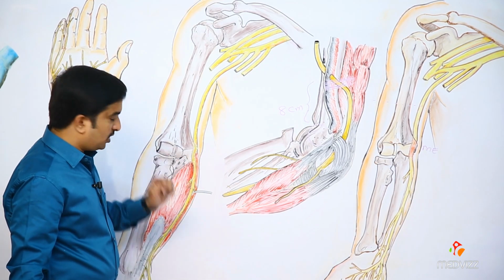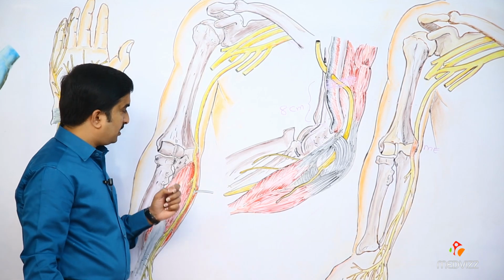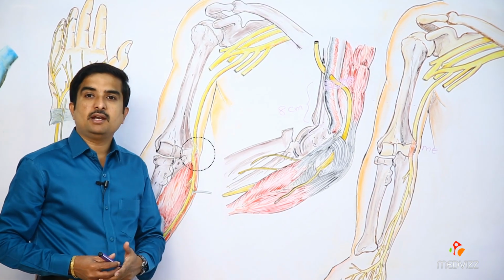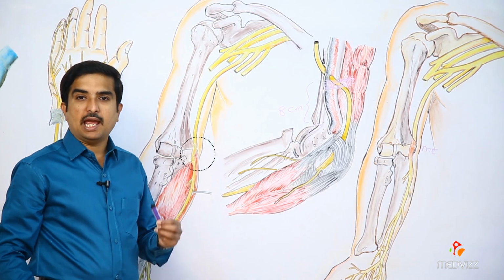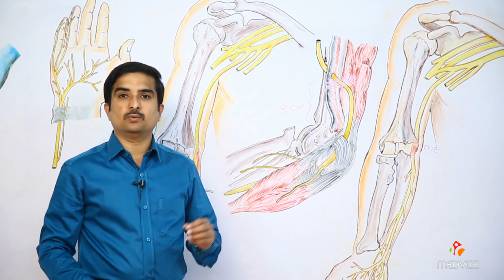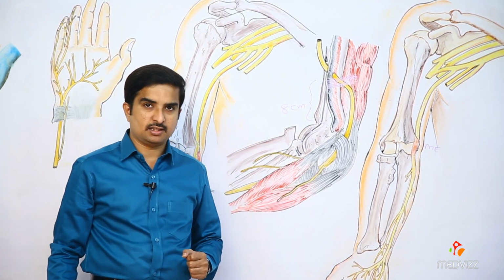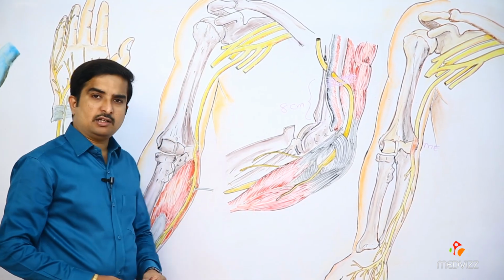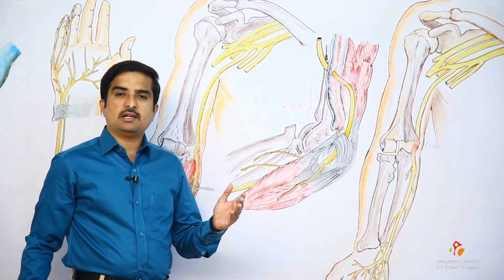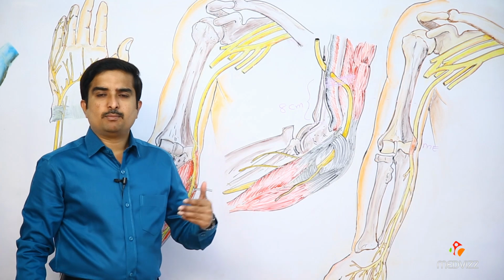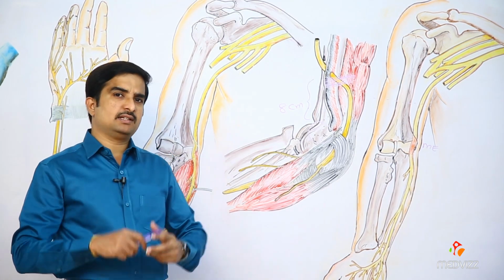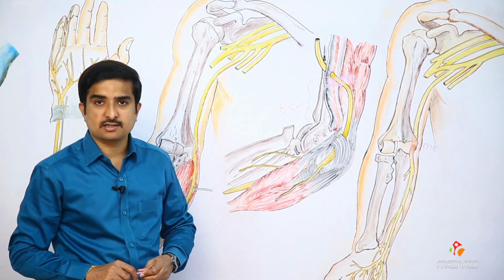The nerve is posterior to the medial epicondyle at the elbow along with the superior ulnar collateral vessels in the cubital tunnel. The superior ulnar collateral artery also accompanies the ulnar nerve at the posterior aspect of the medial epicondyle, and both enter into the cubital tunnel.